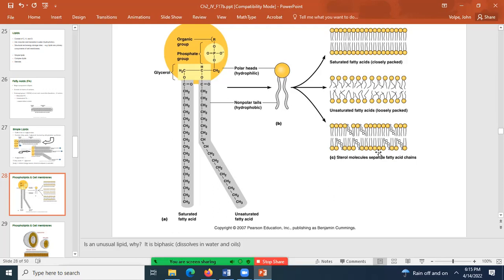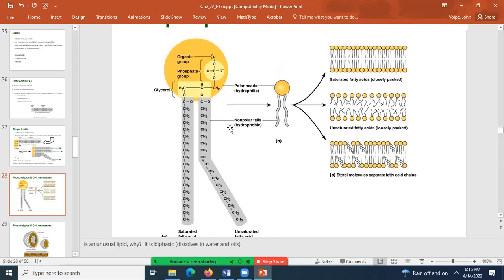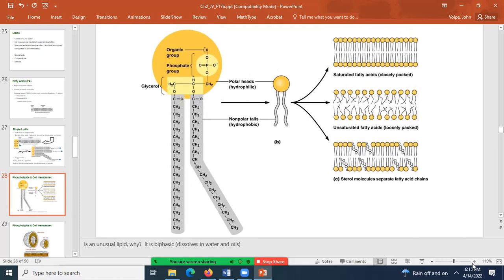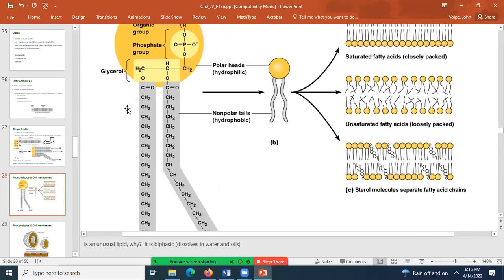Let's go on. The phospholipid, the fatty acid tail, is bound to the head, which is right here. And the head is composed of glycerol right here. Let me blow that up so you see it better. Glycerol right here.